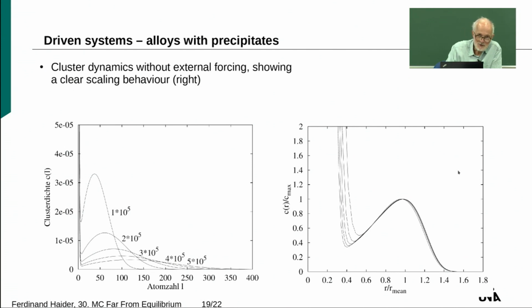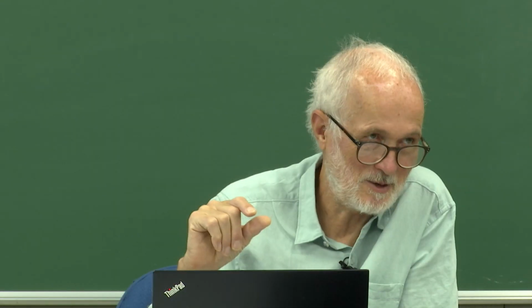I did this also for a precipitating system. And I introduced this cluster dynamic model some days ago, where instead of doing a full Monte Carlo, you only consider the number of clusters containing so many B atoms.